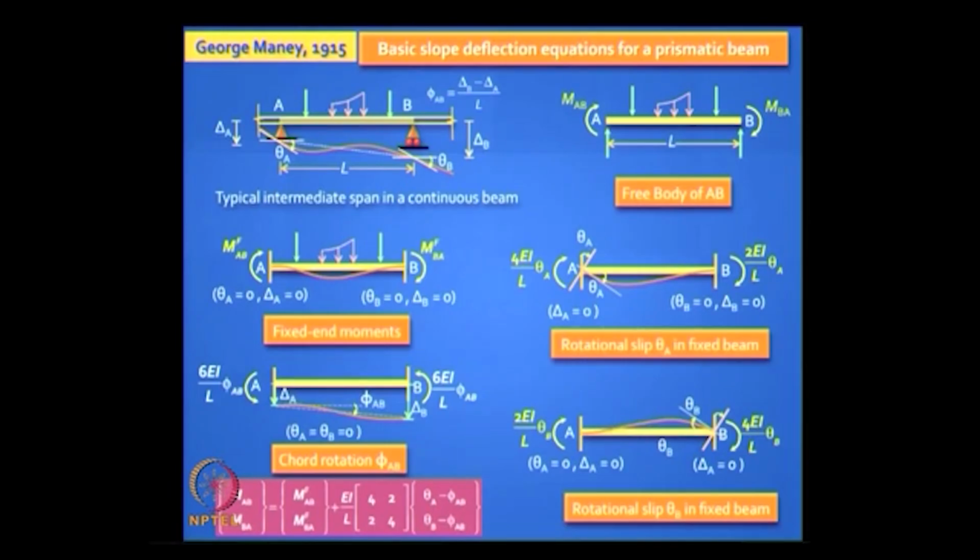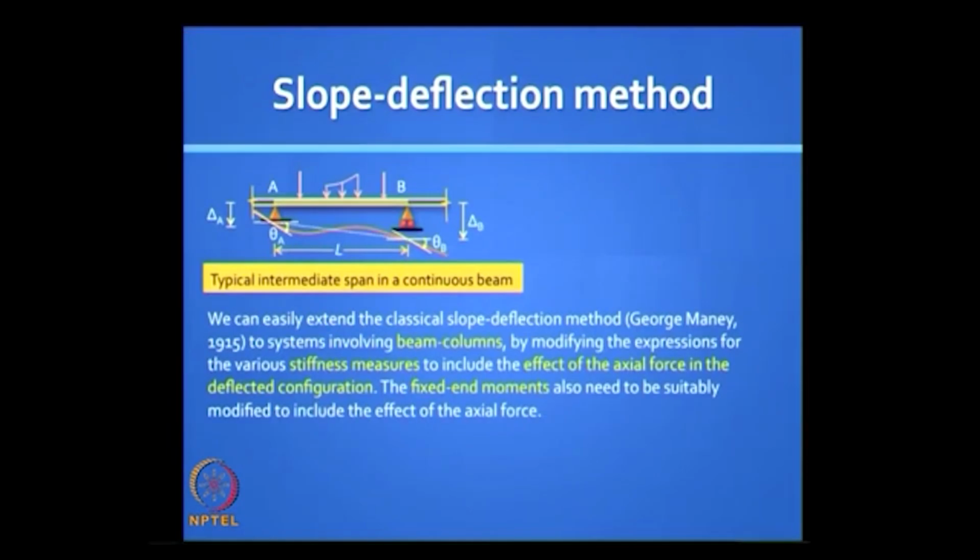The slopes are theta A and theta B for that element and the deflections are delta A and delta B, but we know that what is of relevance is not the absolute values of delta A and delta B, but the chord rotation, which is phi equal to delta B minus delta A divided by L. What we are interested in is to understand how these slope deflection equations get affected when you have an axial force. Okay. So we did this in the last class.